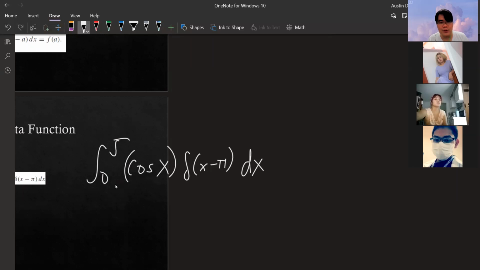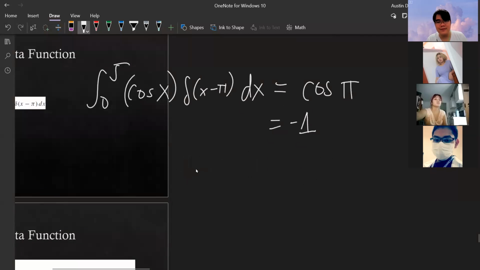Okay? So we are allowed to do this. Cosine pi. Okay? And the cosine pi, ang value niyan will be negative 1. Okay? So, ayun yung sense ng Dirac delta. Okay.